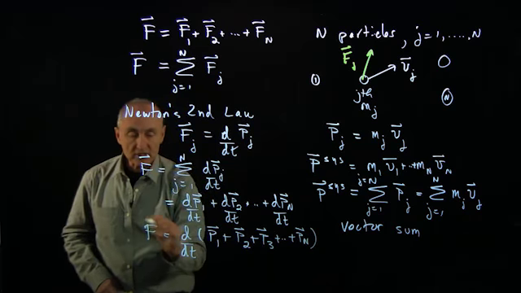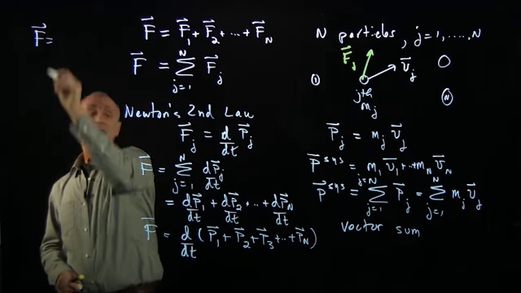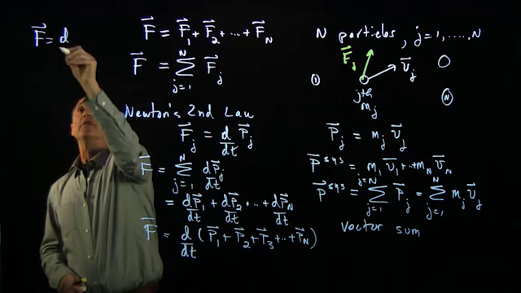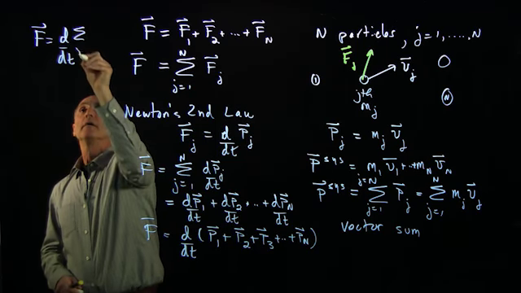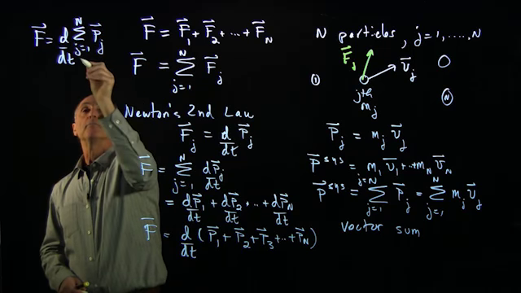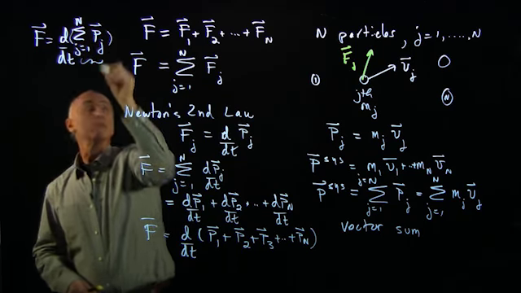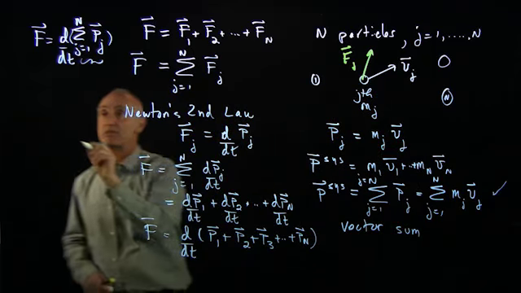And what we see is that the total force is the derivative of the sum, j goes from 1 to n, of the momentum. But recall, this sum we've defined as the momentum of the system.